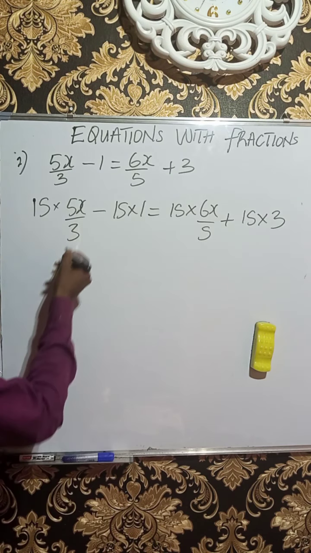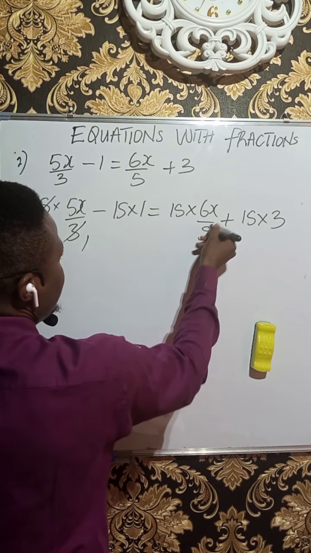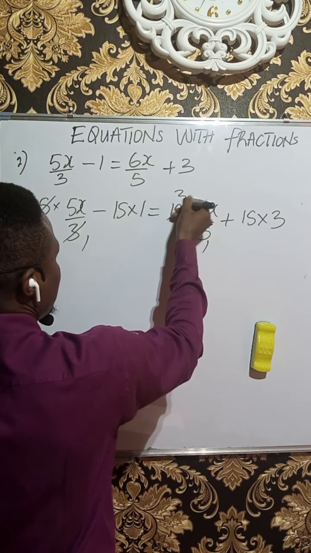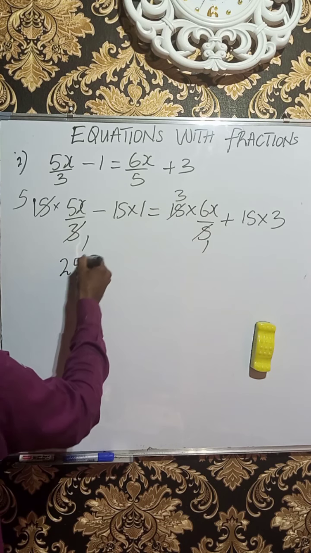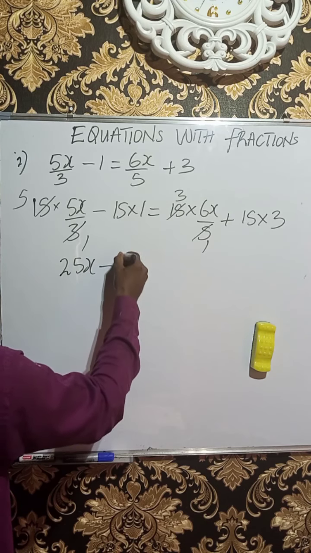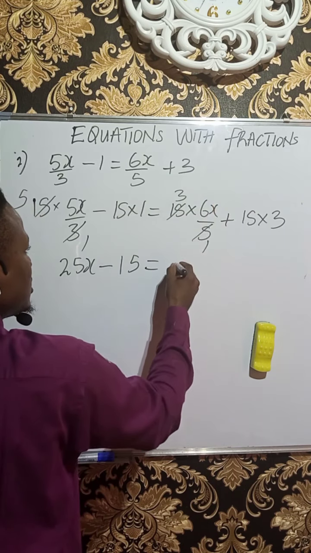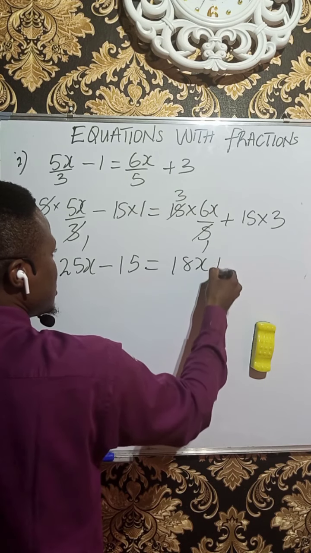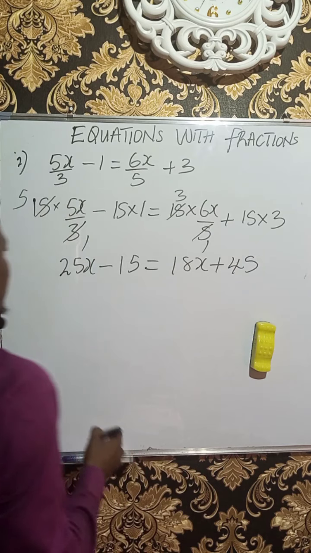So now 3 here is 1, 3 here is 5, 5 here is 1, 5 here is 3. So we have 5 times 5x is 25x, 15 times 1 is 15, equals 3 times 6x is 18x, plus 15 times 3 is 45.